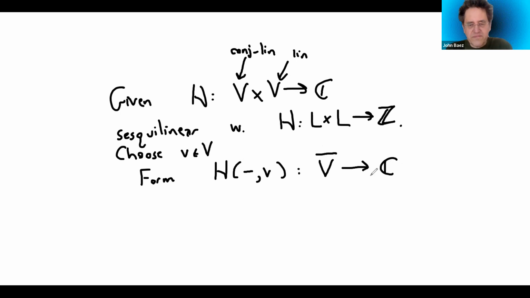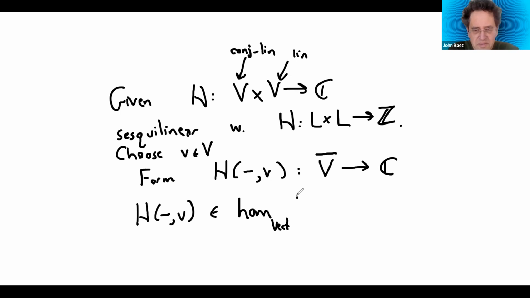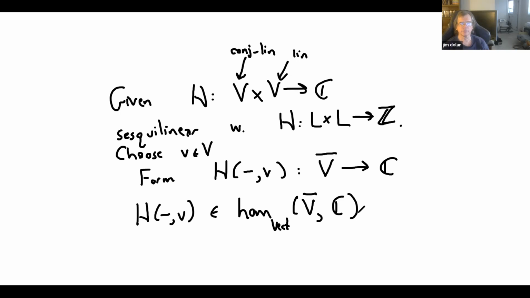Okay, so this thing is a linear map, I'm just saying it again in a different way. It's a linear map from V conjugate to C. But now, here's one important trick.